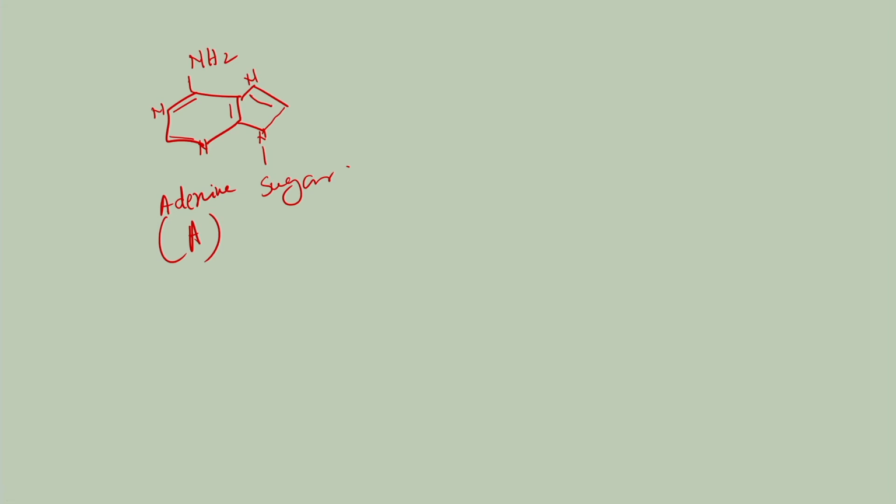If you look at the numbering again the same way, starting here it will be 1, 2, 3, 4, 5, 6, 7, 8, 9. The N9 position is attached with the sugar.